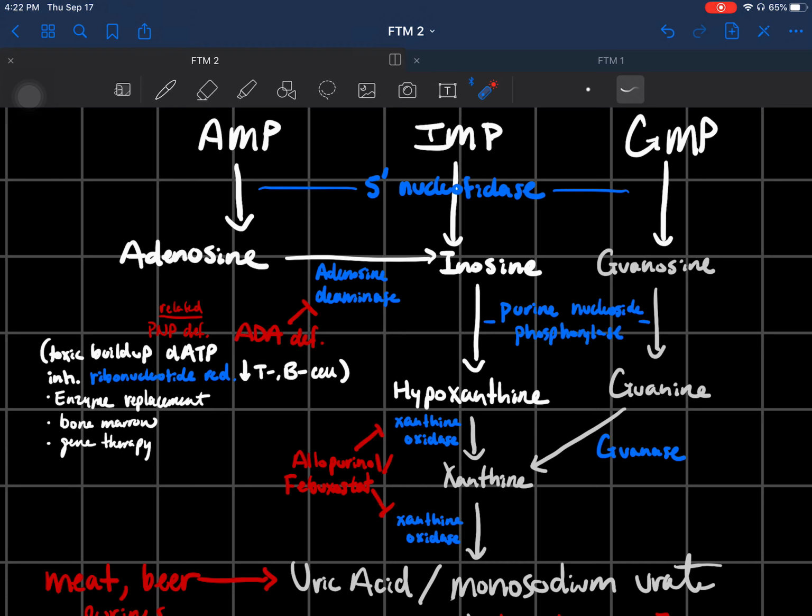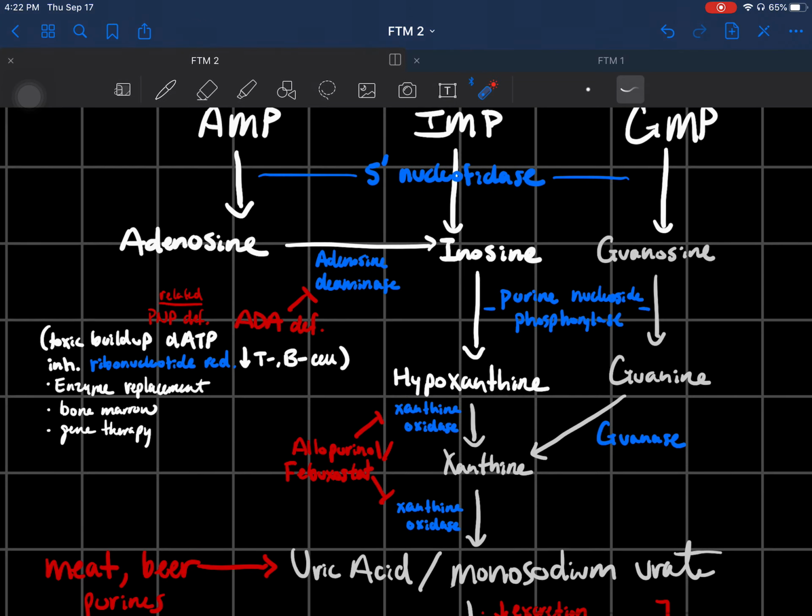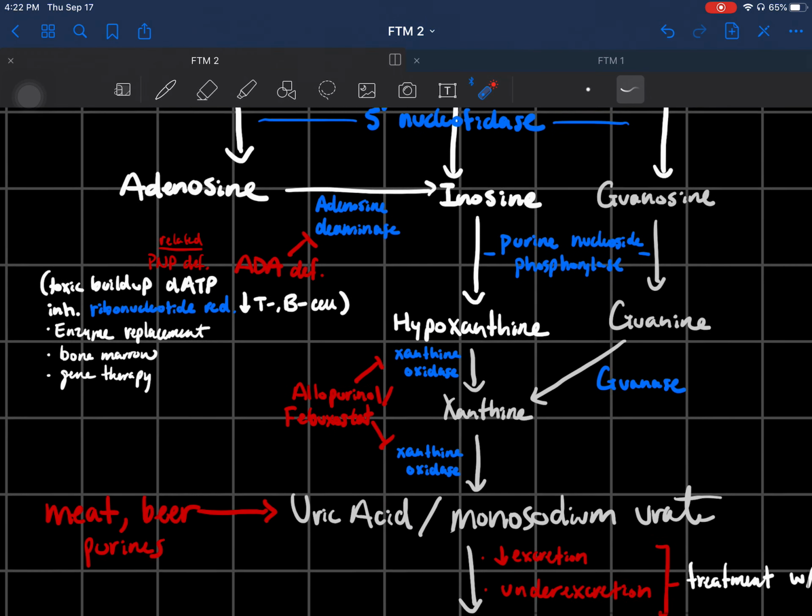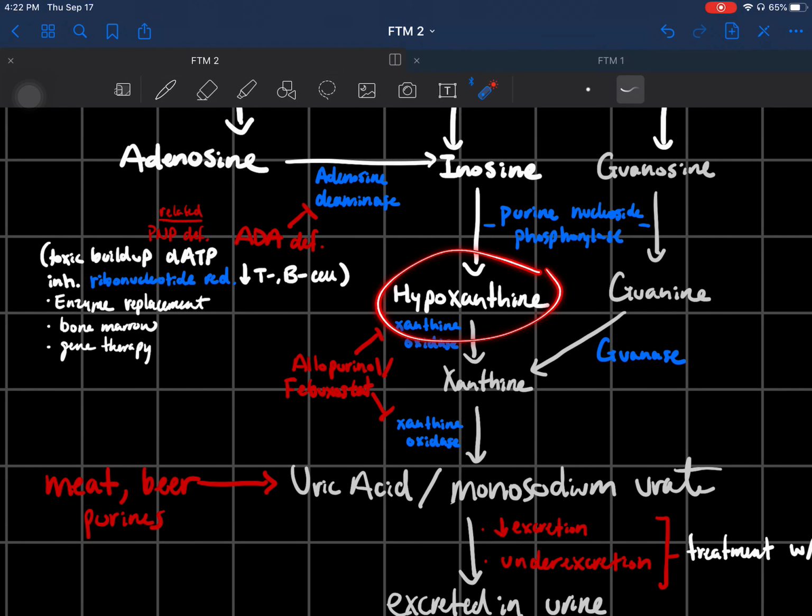Okay, so now in this pathway, we only have inosine and guanosine. Both of them use the same enzyme, and it's going to be called purine nucleoside phosphorylase. So it's going to be dephosphorylated, and into hypoxanthine and guanine.